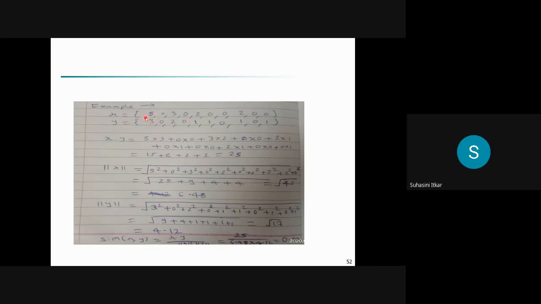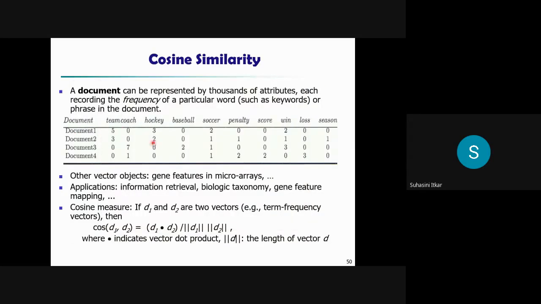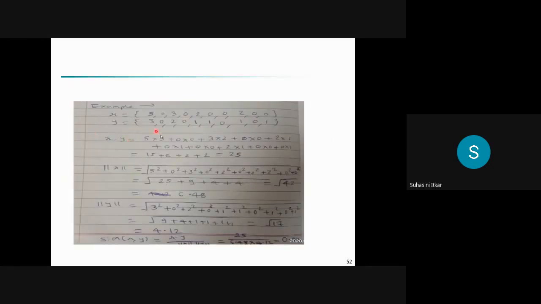They are taken from this example for document 1 and document 2, and we have copied these term frequency vectors as they are. So this is the input. If you want, you can write down this example in your notebook.